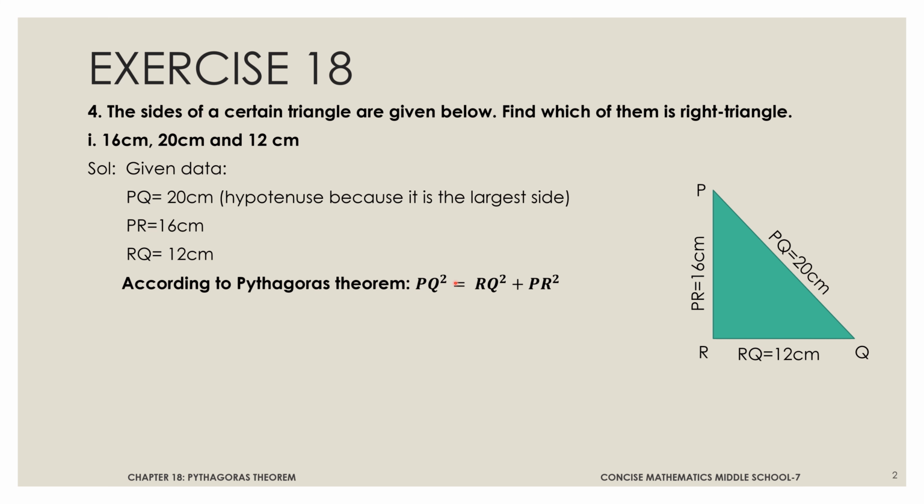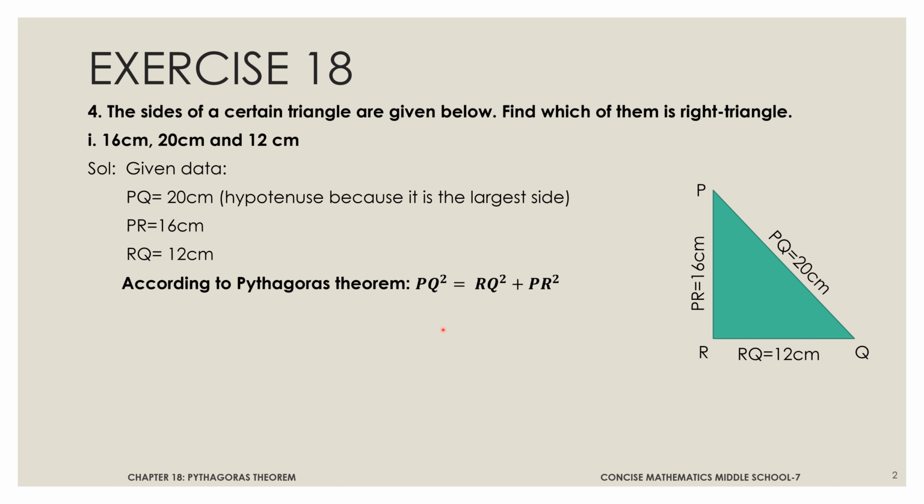So now we have to prove that both sides are equal. This part is considered as the left hand side and this part is considered as the right hand side. If they both are equal, then it is said to be a right angle triangle. If they are not equal, then it is not a right angle triangle.